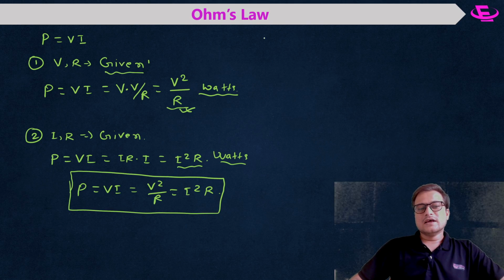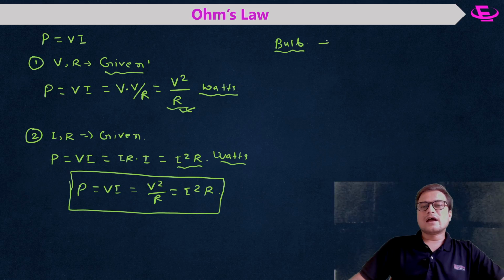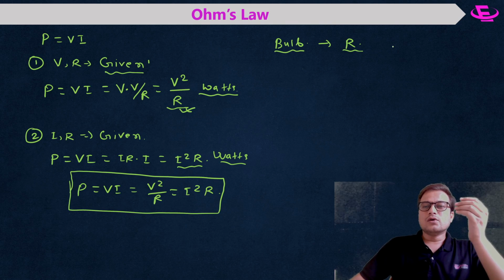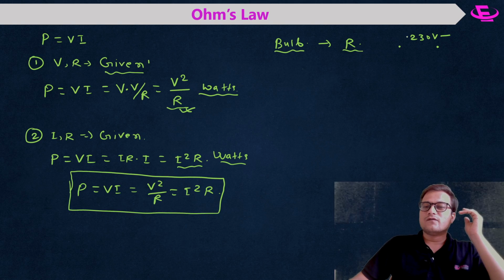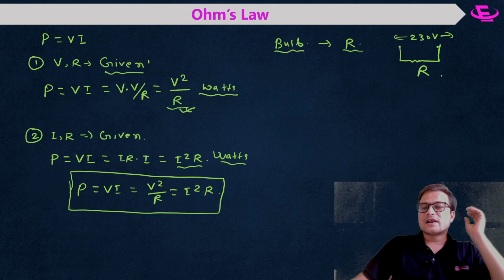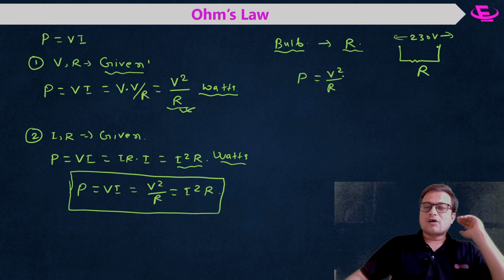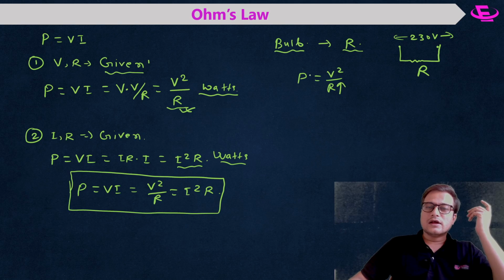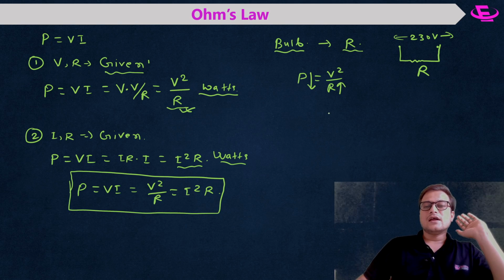Now suppose you have a bulb. The bulb will have some resistance R. The bulb is connected across a supply, and the voltage is 230 volt. So when you connect a bulb of resistance R across a 230 volt supply, you write P equal to V square by R. Now what do you see? If resistance is more, then power will be less, and if resistance is less, then power will be more.